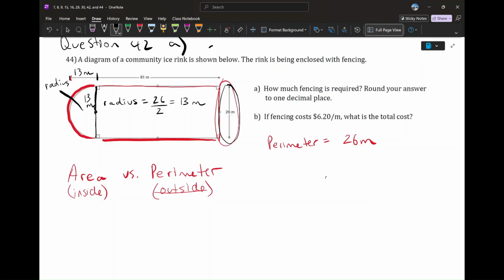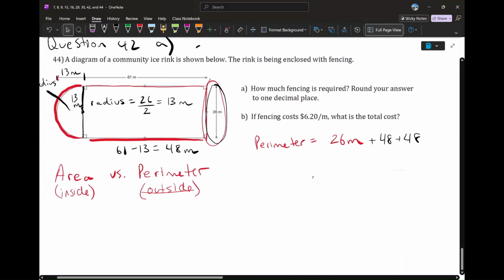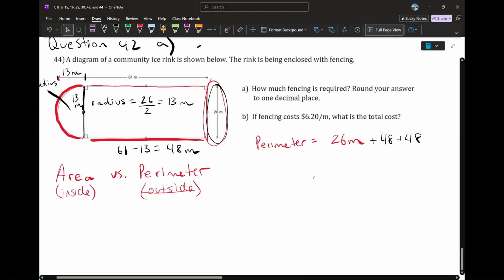So to find the side length of the rectangle, we need to take 61 minus 13, which is going to be 48 meters. So we have 26 plus 48 plus 48, because there's two sides that are 48. And we need to add the outside of the circle. So this is for the rectangle part.